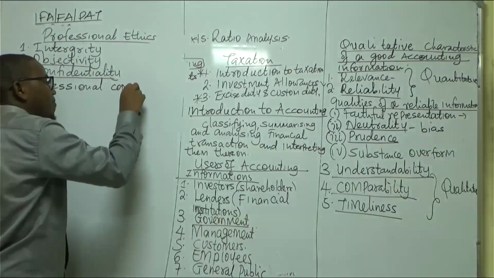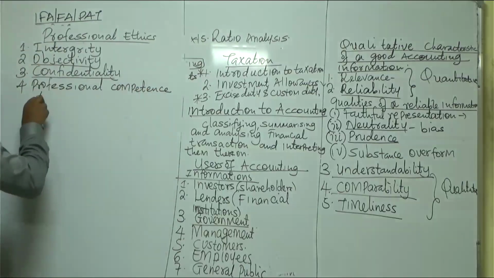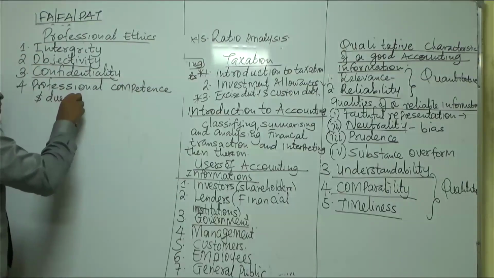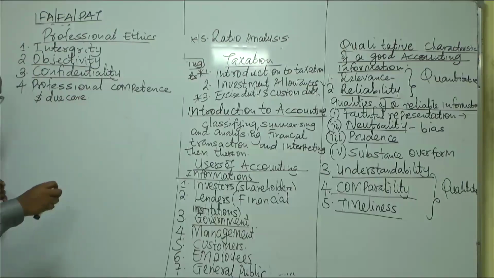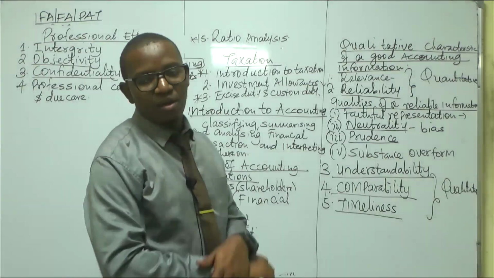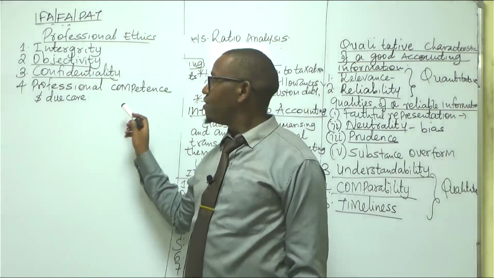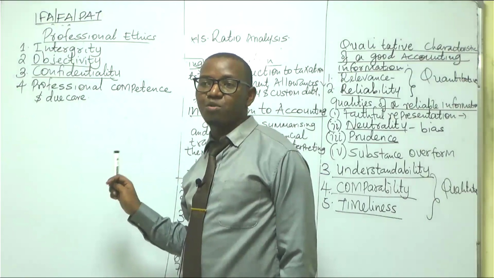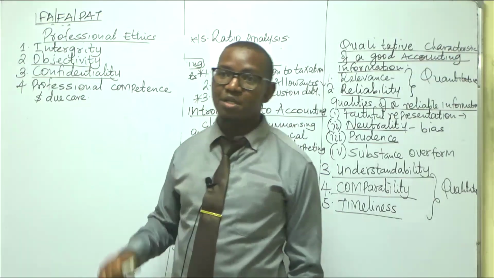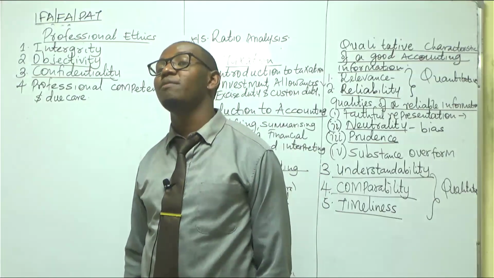Number four, professional competence and due care. Now, when we talk of professional competence and due care, this requires professional accountants to exercise their knowledge and skills in provision of their professional services.